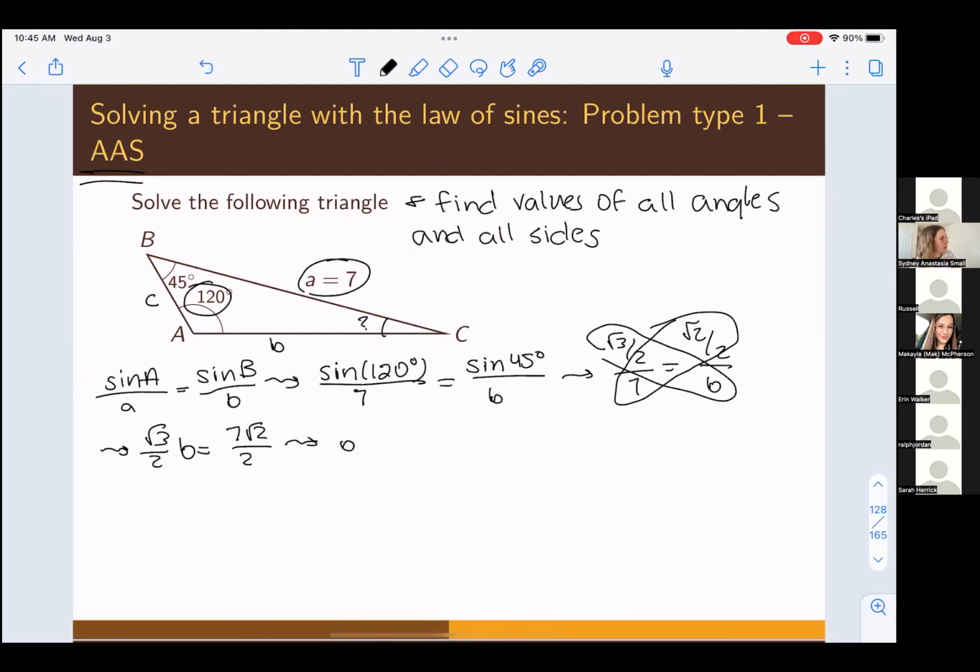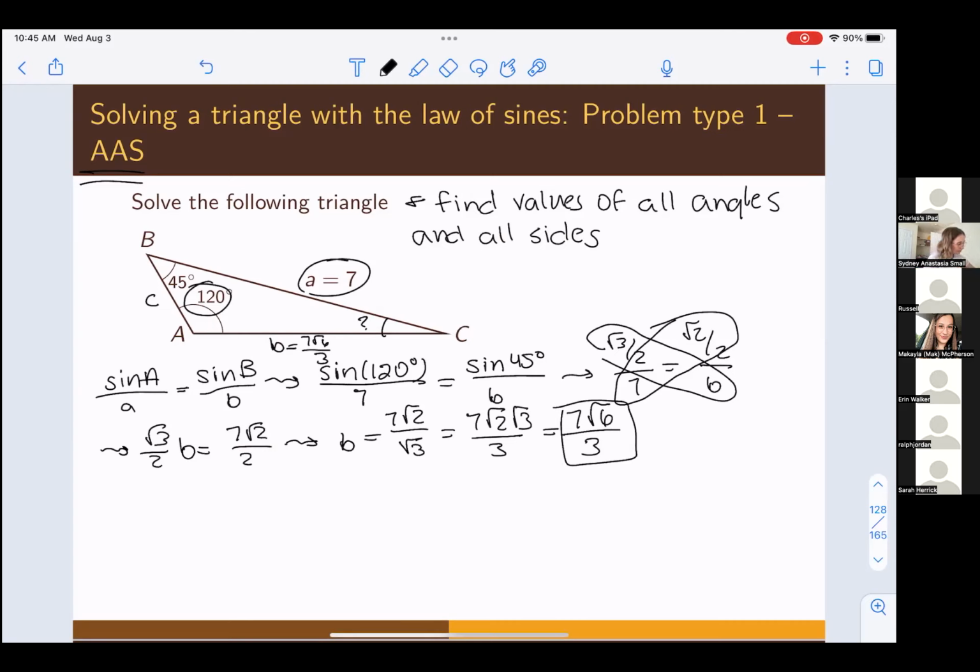So B is equal to, dividing both sides by root 3 over 2, 7 root 2 over the square root of 3. But I don't like that ugly square root of 3 in my denominator, so I'm going to rationalize to be 7 root 2 root 3 over 3, which is the same as 7 root 6 over 3. Cool, there's my side B. I know that B is equal to 7 root 6 over 3.